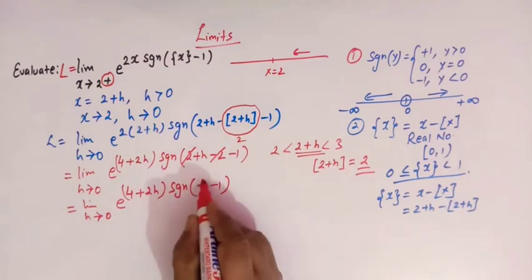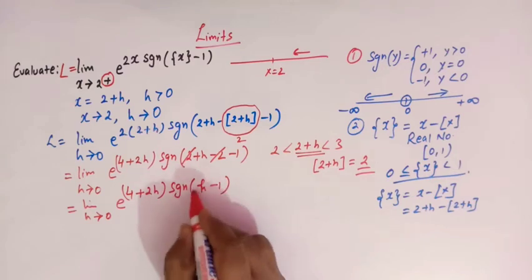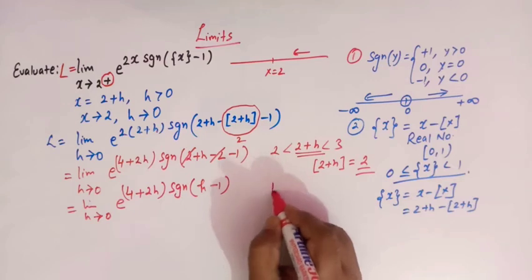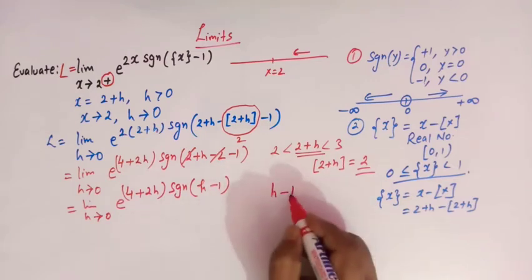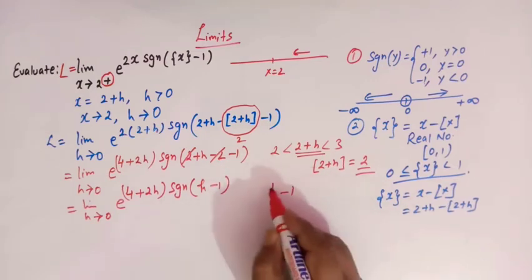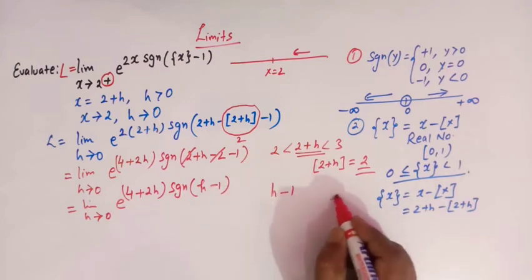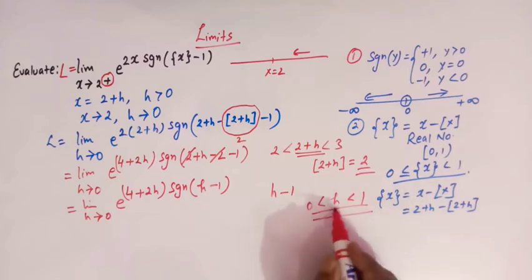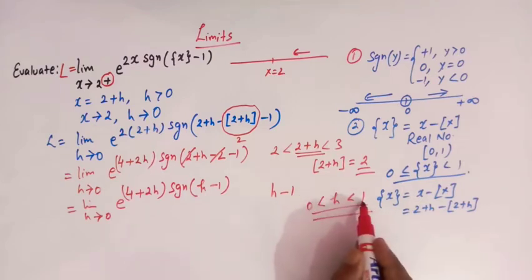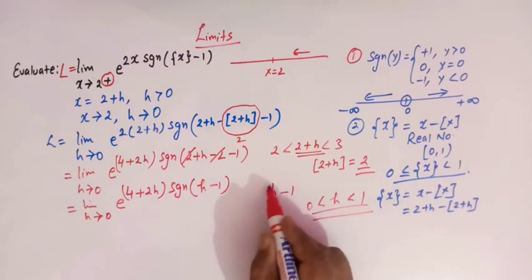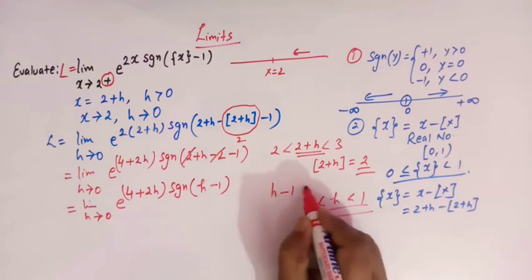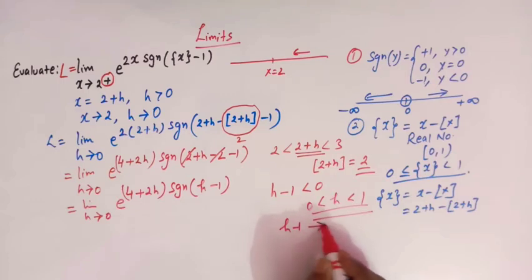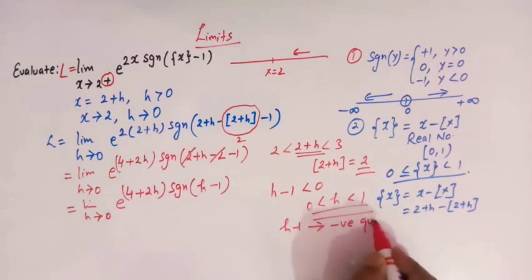Now see, here we have an important term inside this signum function, that is h minus 1, right? Now viewers, this quantity h always lies between 0 and 1, right? So when h lies between 0 and 1, then obviously h minus 1 is less than 0, right? Because h minus 1 would be a negative quantity, right?